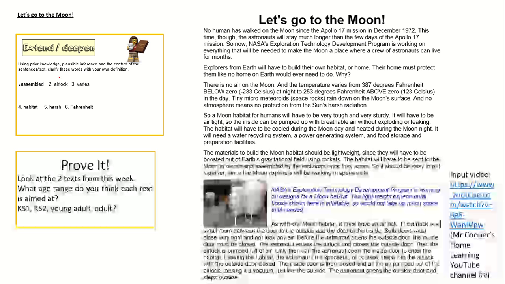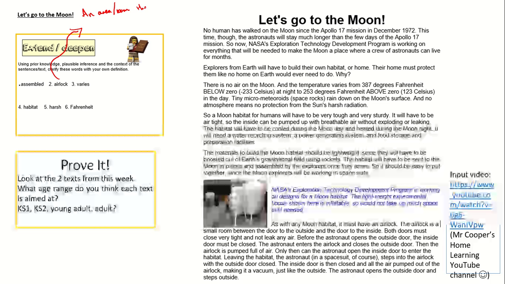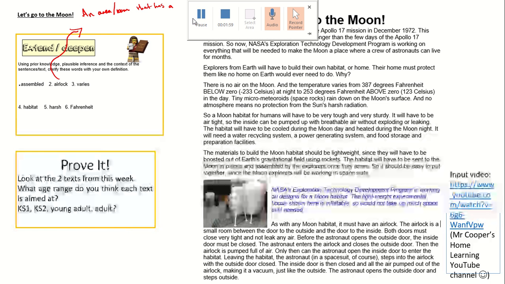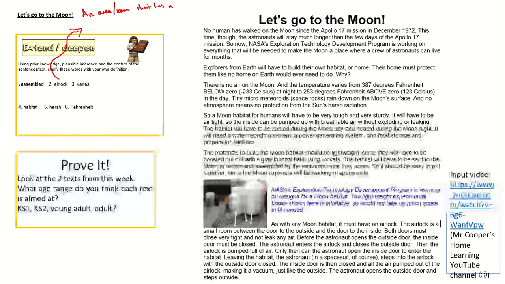The next one, airlock, I think is quite a tricky one. Airlock's down here. Any moon habitat must have an airlock. The airlock is a small room between the door to the outside and the door to the inside. So airlock is an area or room that has a door between.